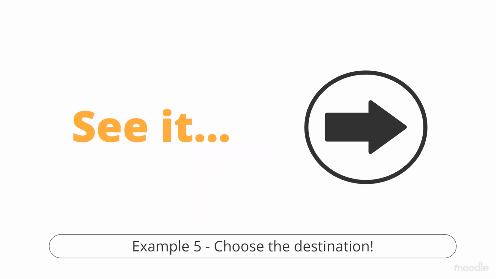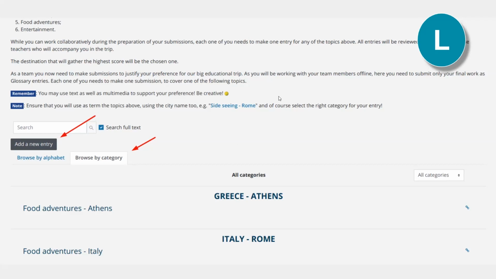If you are in the course, please check the last section in the course, number 5, summative assessment, gamified, and specifically the glossary, choose the destination. As a learner, there is not much different to see. There is a glossary, nothing special. Learners can add entries, and entries can be browsed by category for easier review.